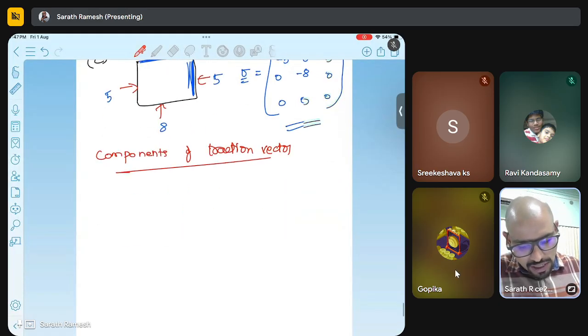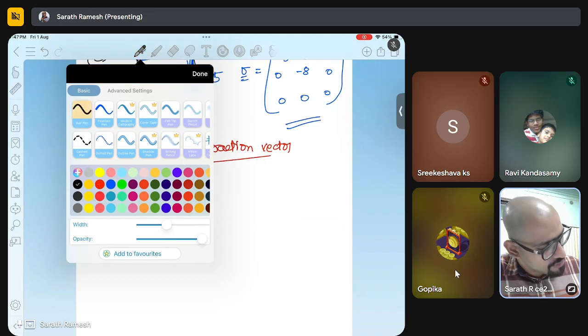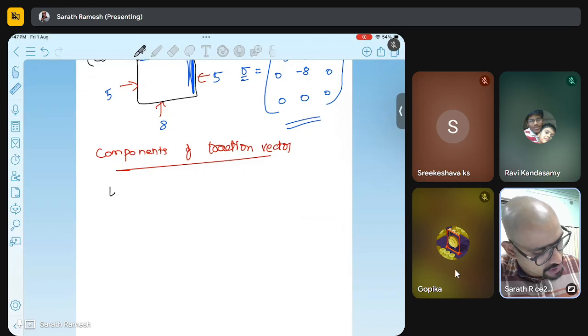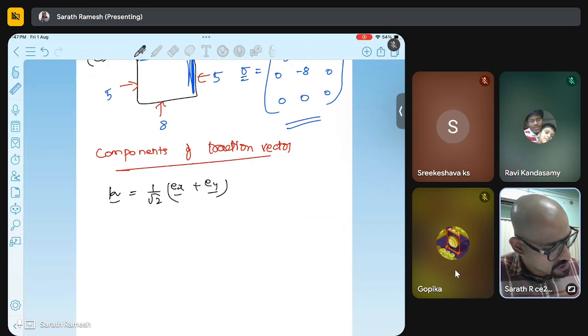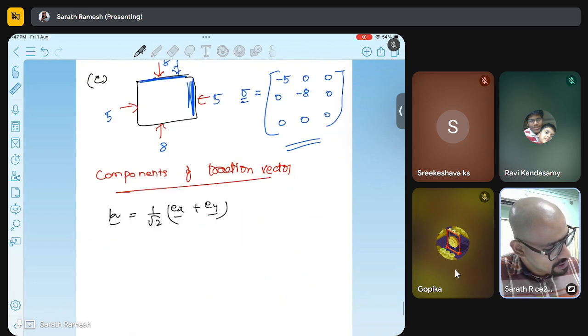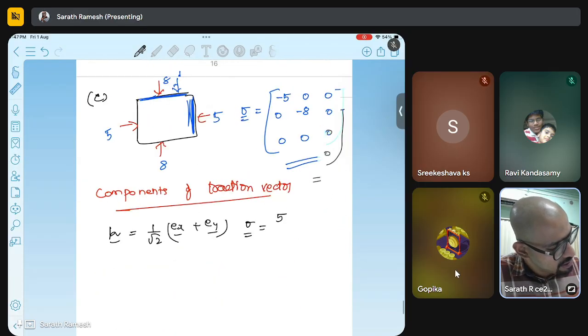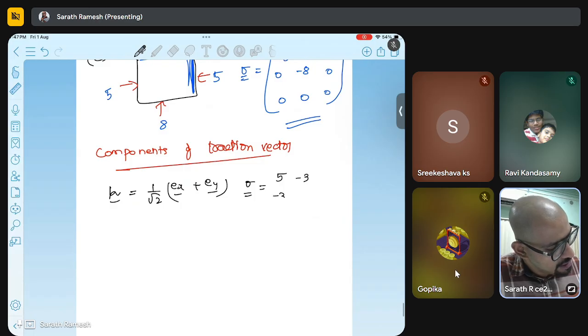Suppose they have given us the plane, the normal n cap equal to 1 by root 2 (ex plus ey), and they have given some stress tensor. Let's take this tensor itself. The tensor sigma is equal to [5, -3, 0; -3, 8, 0; 0, 0, 0].